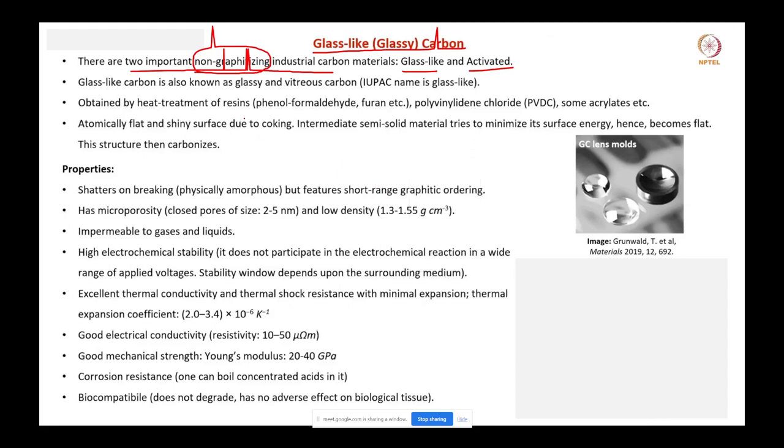It's very simple. Non-graphitizing means it cannot be converted into graphite. Even if you take it to a very high temperature, you won't be able to convert it into graphite.